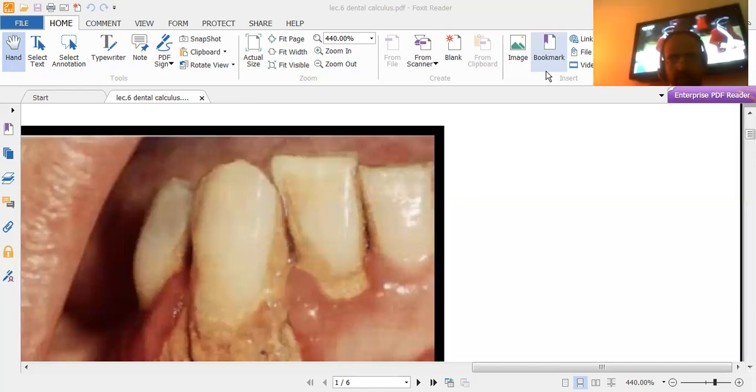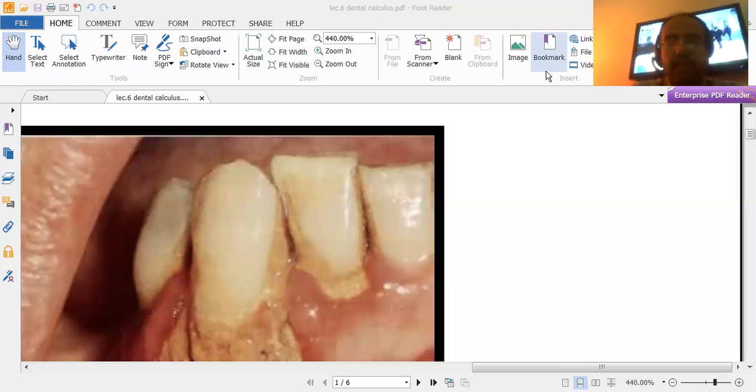Organic content of the calculus consists of a mixture of the following: protein polysaccharide complexes, desquamated epithelium, leukocytes, and various types of microorganisms. 2% to 9% of the organic component is carbohydrate, which is derived from the saliva.